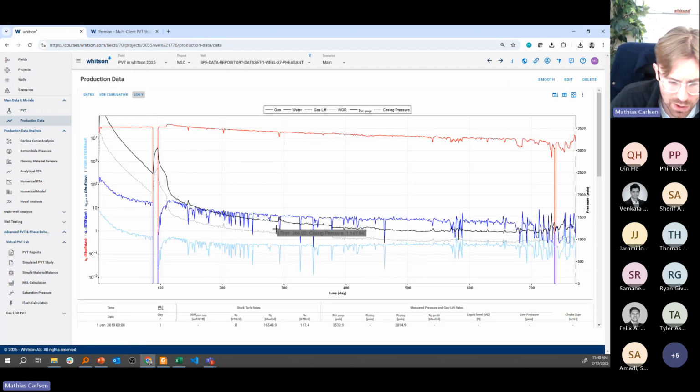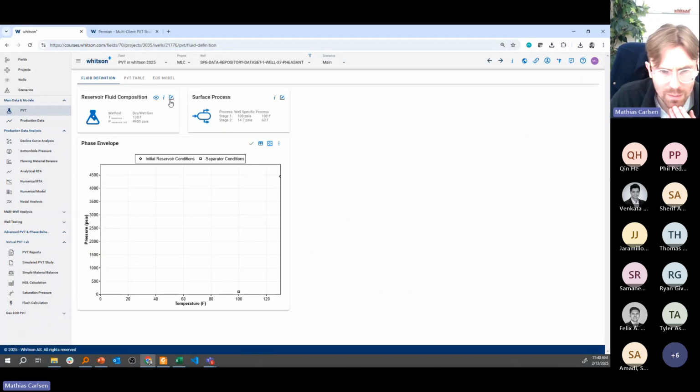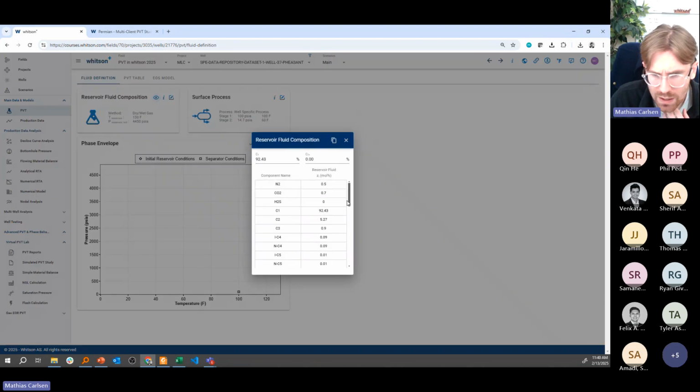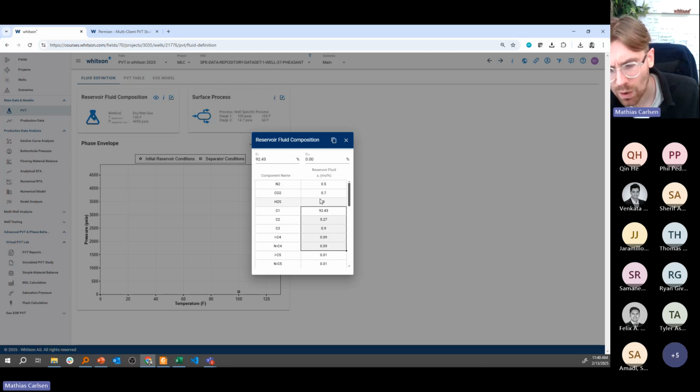That is a dry gas reservoir like this, and all the same things apply there. If you wanted to go in and input any non-hydrocarbons that's not 0, you can do that as well, and it will go in and predict those compositions for you, just as if it wasn't.